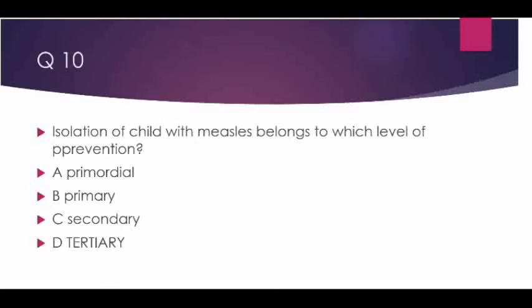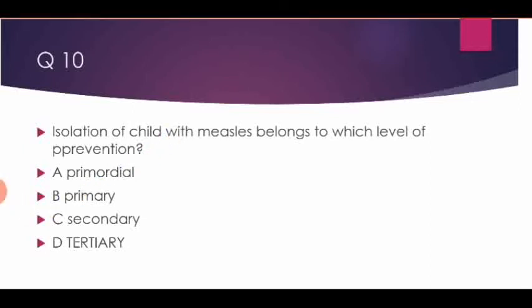Please clear your concept: isolation is not included in secondary prevention, but in primary prevention, because isolation is used as a specific protection to protect the healthy person from infection. So isolation comes under the primary level of prevention.